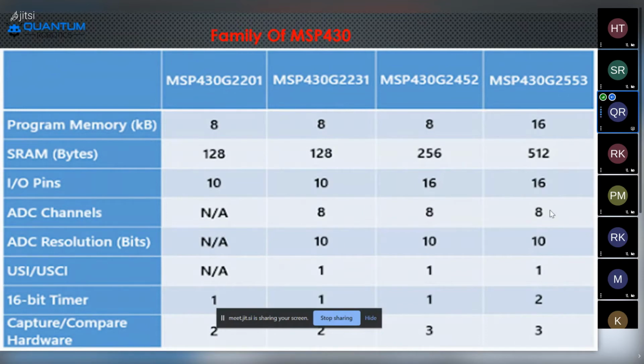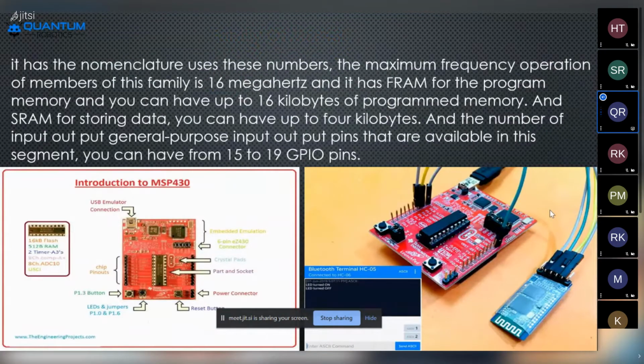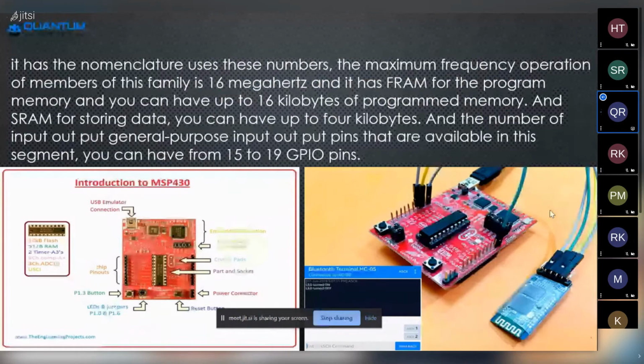We can also see that the programmable memory has increased to 16 kilobytes. This is all about the MSP430 and its classification in the variation of the modulation as well as the circuit designing process.